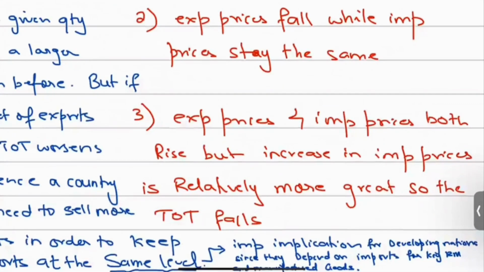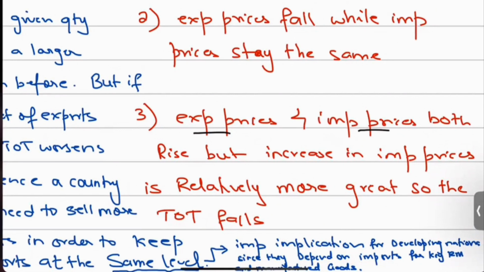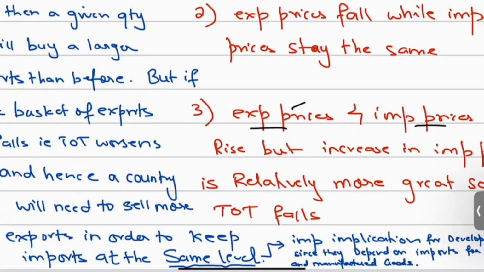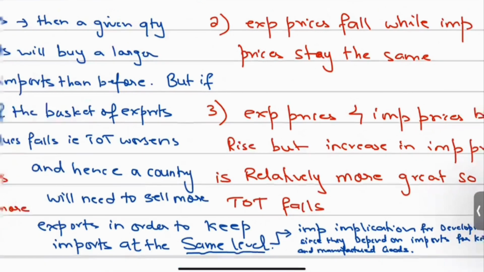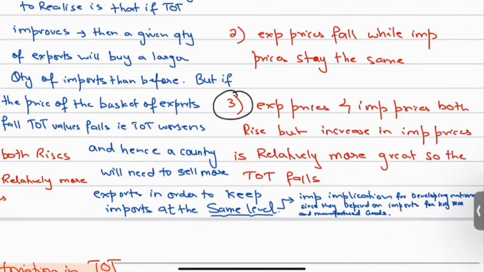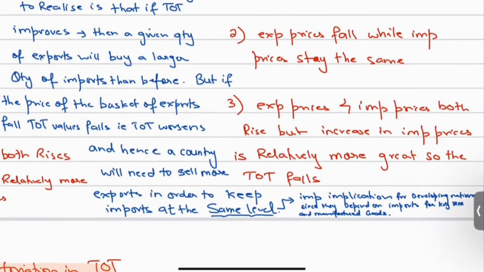Or maybe export prices and import prices both are rising. दोनों rise हो रहे हैं, लेकिन import prices जो है वो ज्यादा से rise हो रही है. Right? So if export prices and import prices both are rising, but import prices are rising by a relatively higher amount, the terms of trade will worsen. Or export prices and import prices both are falling, but export prices are falling by a greater amount. Again, terms of trade will worsen. ठीक है? तो इस थर्ड सिनेरियो के दो और सिनेरियोस बन सकते हैं. क्लियर?